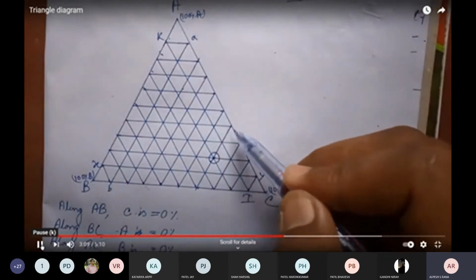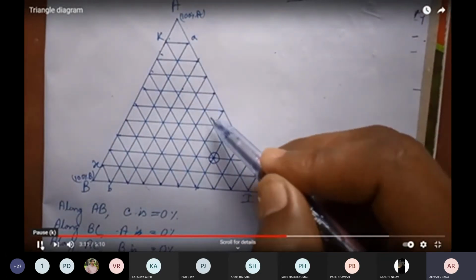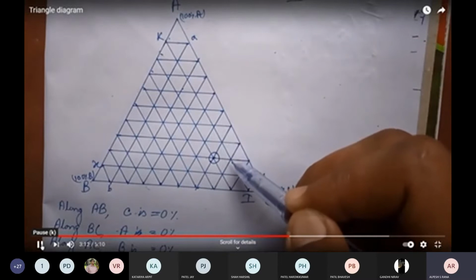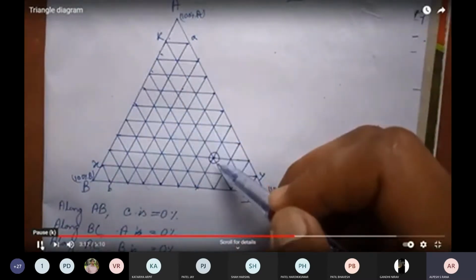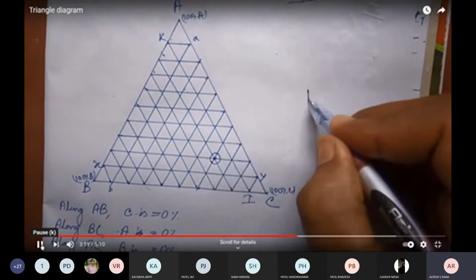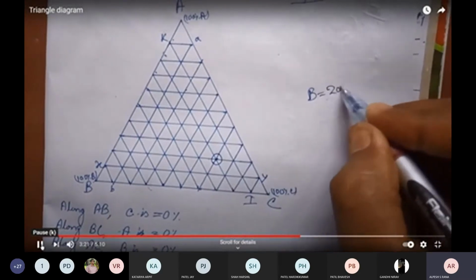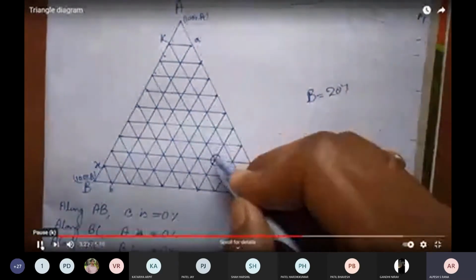Along this line the concentration of B is 0, along this line it is 10%, and along this line it is 20%. So we can say the concentration of B is 20% at this point.